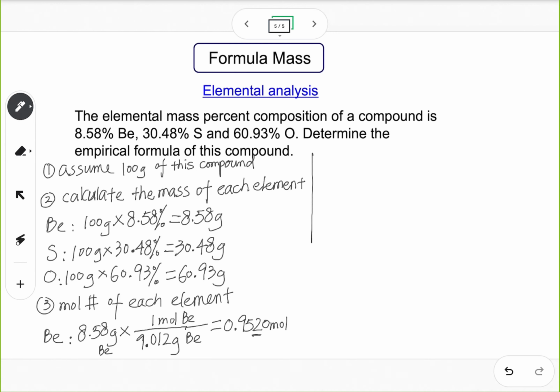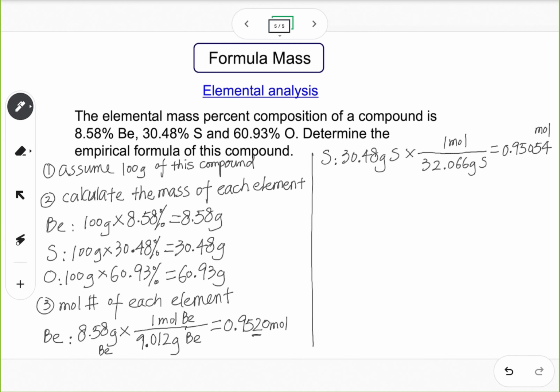For sulfur, you have 30.48 grams of sulfur. Again, use the atomic mass of sulfur to convert that to mole number. Sulfur atomic mass is 32.066 grams per 1 mole of sulfur. That equals 0.95054 mole.